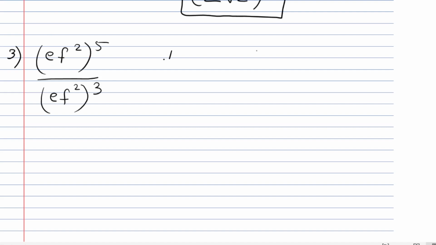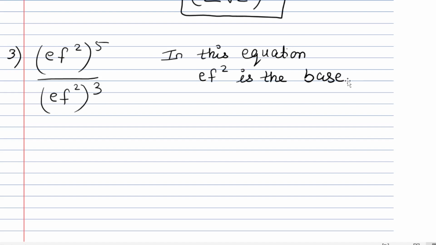I'm just going to write it so you can use this as study notes. In this equation, EF raised to 2 is the base. It doesn't matter that there's an exponent in the base, it still counts as the base. Just make sure that the whole parenthesis is the base. The 2 is not outside of the parenthesis, it's inside, so it counts as part of the base.